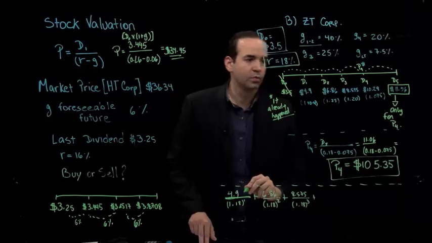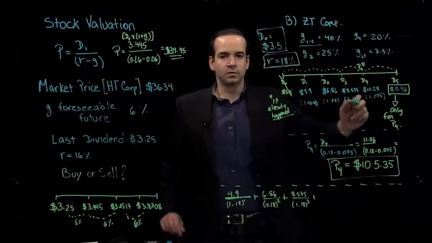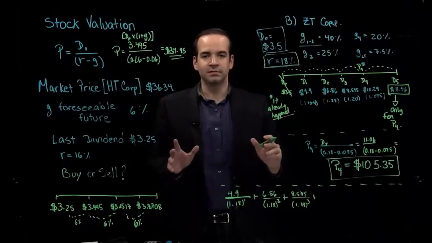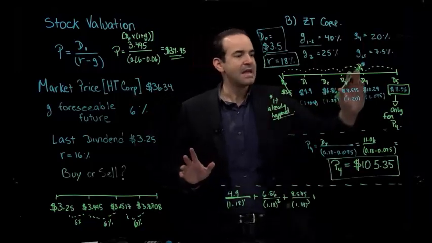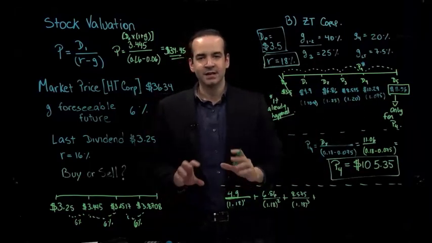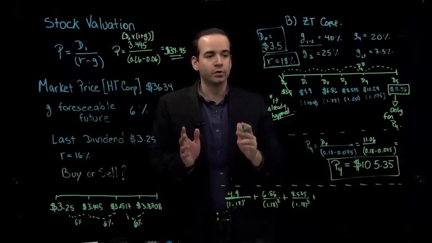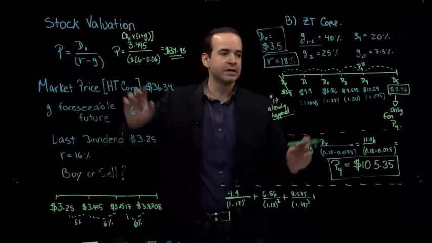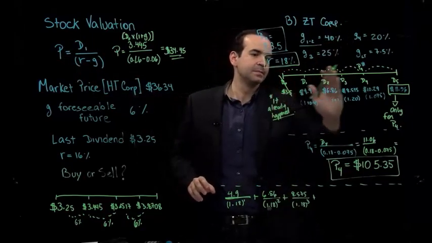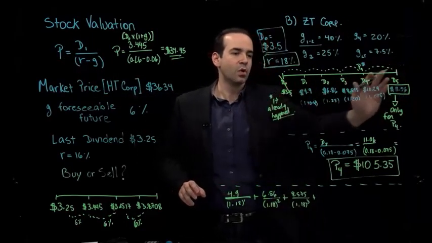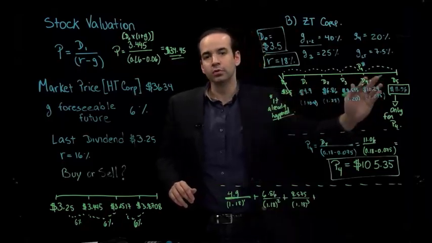And then we have year number 4. So I'm going to give you a hint, which may help you to understand this. Let's just assume when you're using the dividend discount model and you have this stage of growth, which is supernormal growth, right?